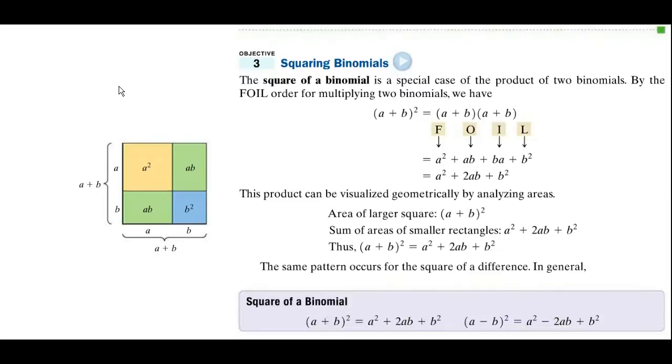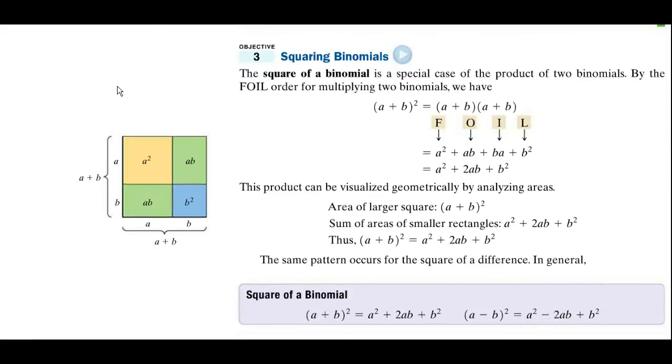Now, as we do things, there are special ways to do certain of our multiplications. In objective 3, they're telling us to square binomials. Now, here we have a plus b, the quantity squared.